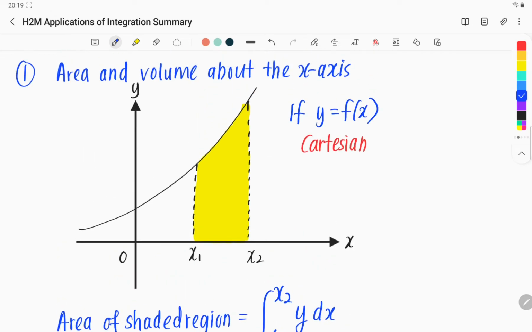Now moving on to the idea of parametric. So what are parametric equations? You have learned this in your graphing techniques, so I'll just reiterate. If x equals f of t and y equals g of t, this is the general form of a parametric equation in t.